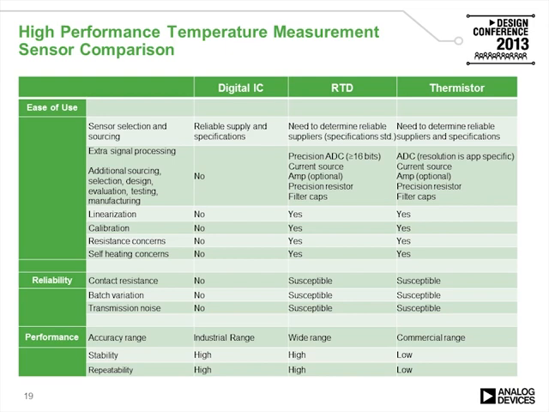The digital IC, our ADT7320 series, is quite easy to use and has very few limitations. If you want to use a device such as an RTD or thermistor, possibly because you have a mounting problem or you need a wider temperature range, they can also be used, but you need to account for their limitations.